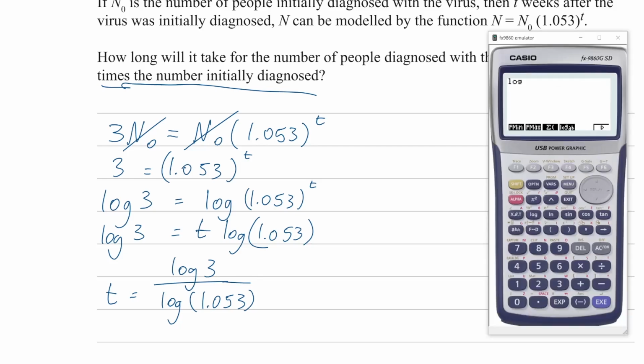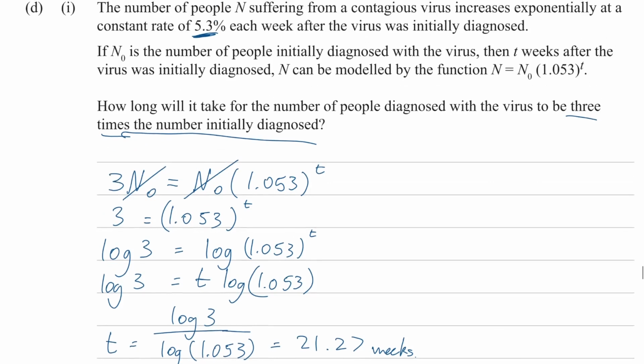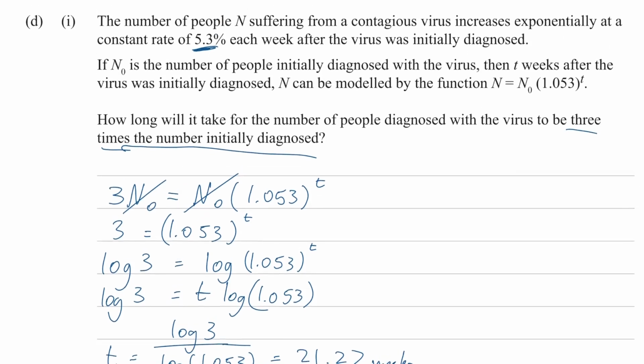So it's just log(3) divided by log(1.053), which is 21.27 weeks. So to summarize that, after about 21 weeks, the number of people diagnosed with the virus will be 3 times the initial amount. So every 21 weeks, the number of people diagnosed increases by a factor of 3.